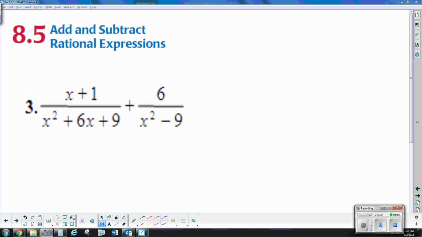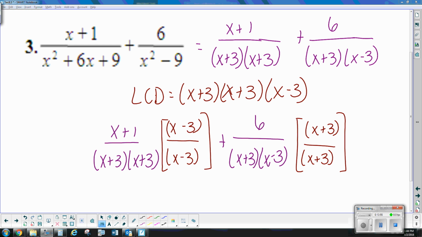All right, now try this one where you're adding with uncommon denominators. You can pause while you work, unpause for the solution. Your first step is to factor those denominators and find the least common denominator. So your least common denominator is x plus 3 times x plus 3 times x minus 3.